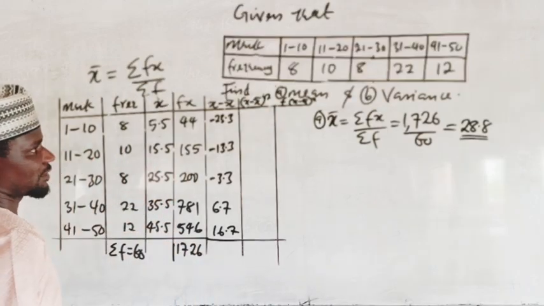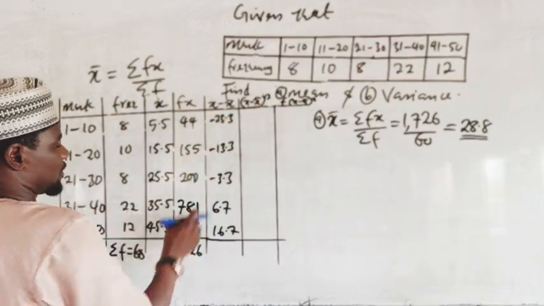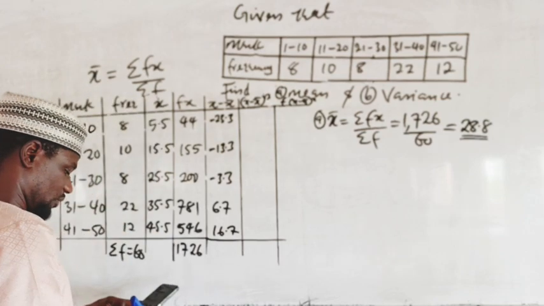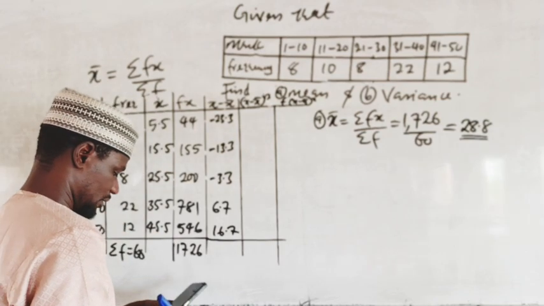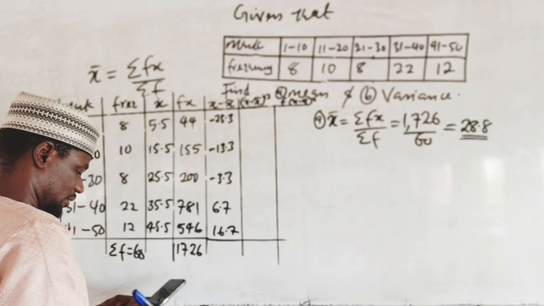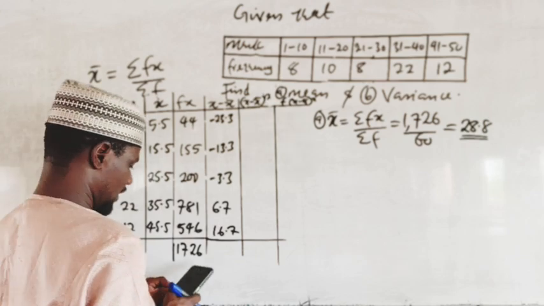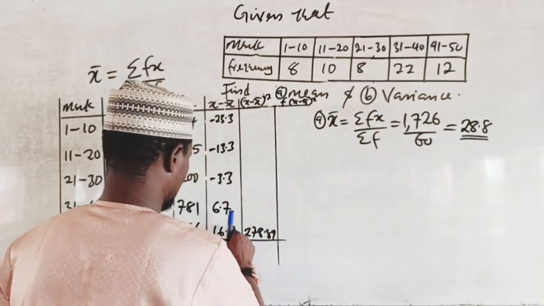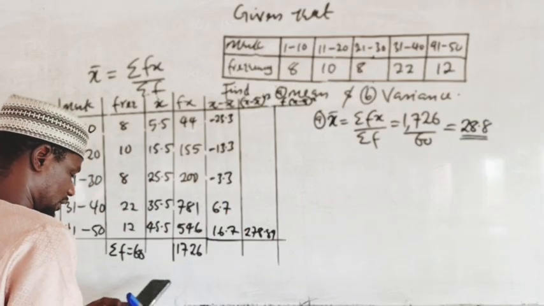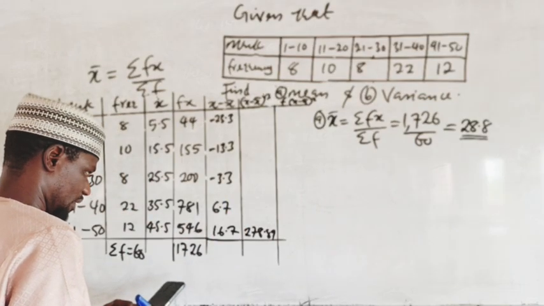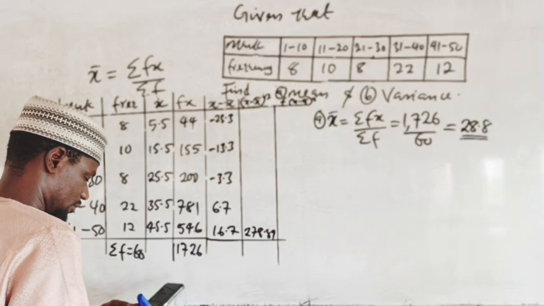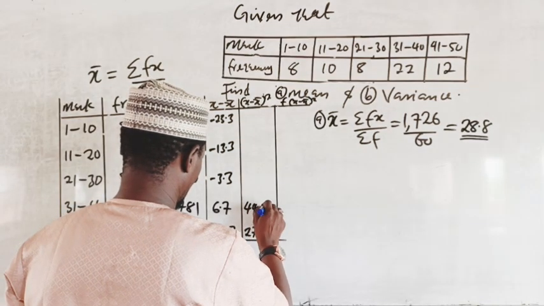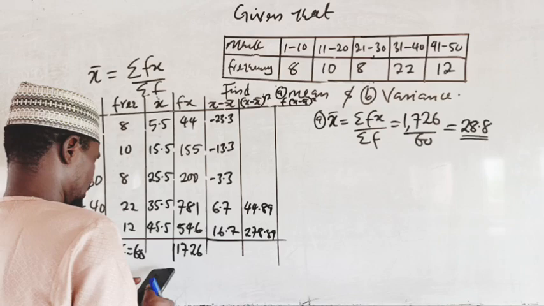Now, next is to square these figures. 16.7 squared is 278.89. 6.7 squared is 44.89.